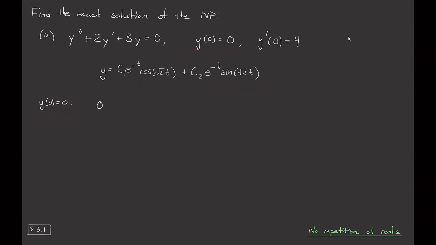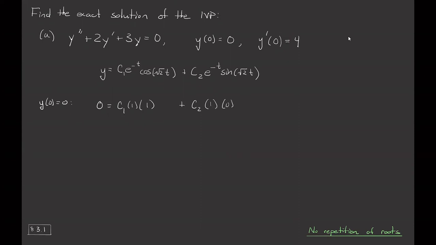We substitute that in, we get 0 is equal to C1 e to the 0 times cosine of 0, which is 1. So we get 1 times 1. Then we get plus C2 times 1. And then sine of 0 is 0.